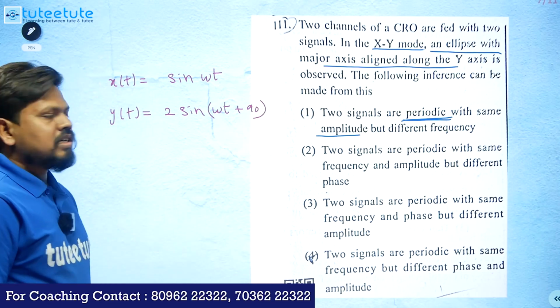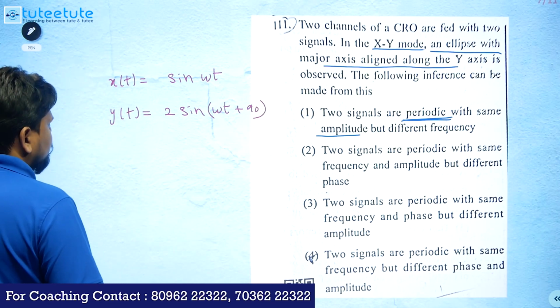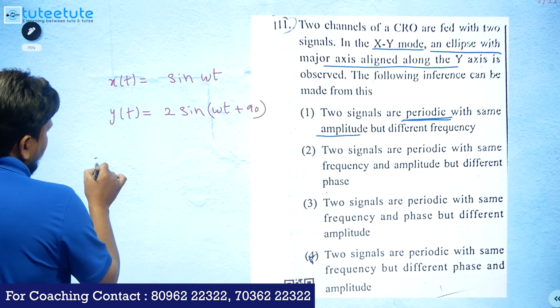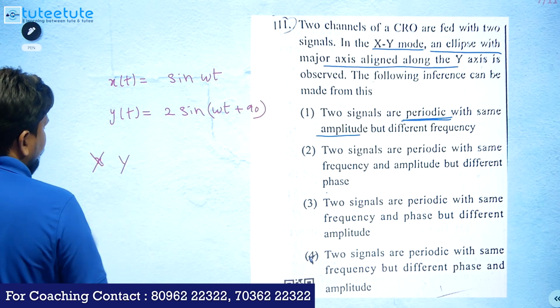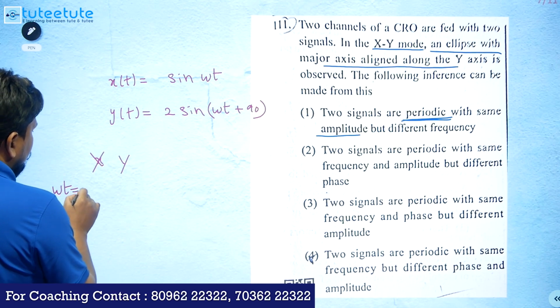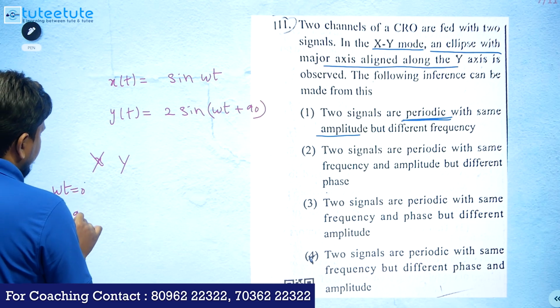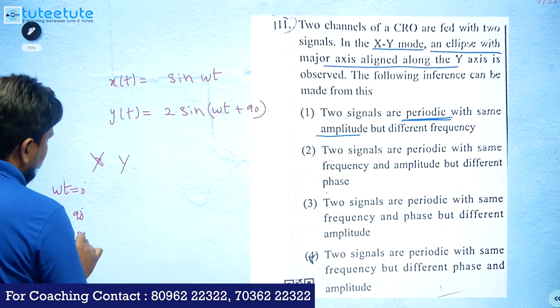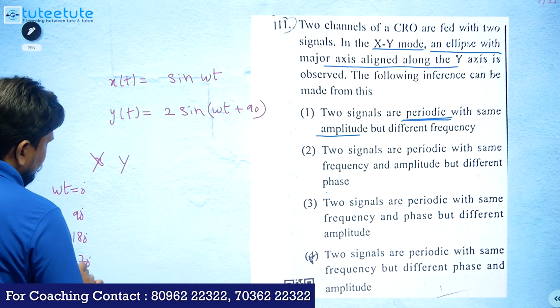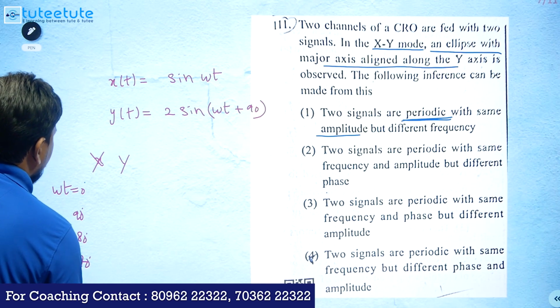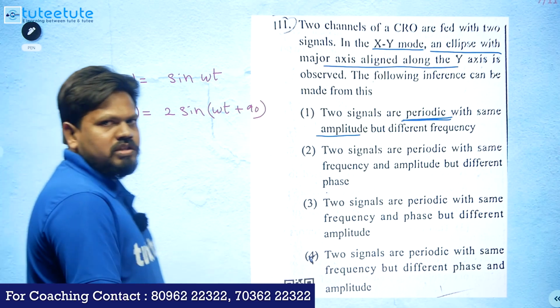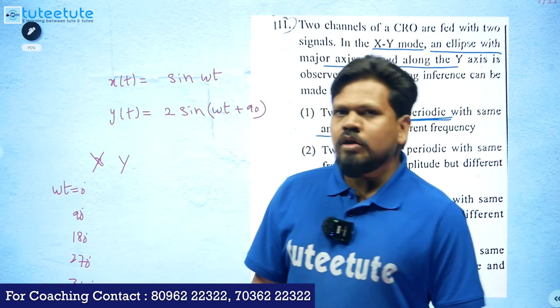These are the two signals. Let's find the x and y magnitudes when omega t equals 0, 90, 180, 270 and 360 degrees, the five different values on the same timeline.